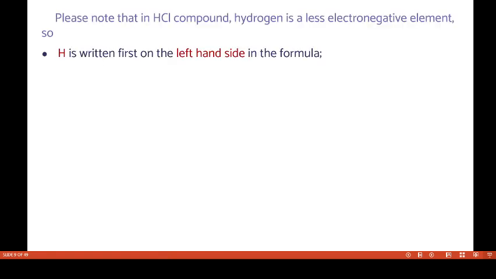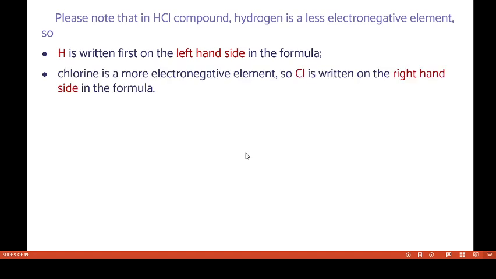Please note that in the HCl compound, hydrogen is the less electronegative element, so H is written first on the left hand side in the formula. And chlorine is the more electronegative element, so chlorine is written on the right hand side in the formula.